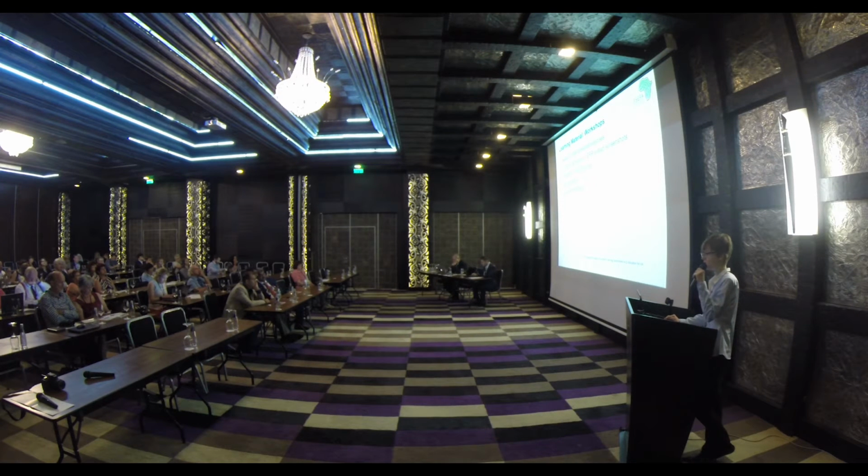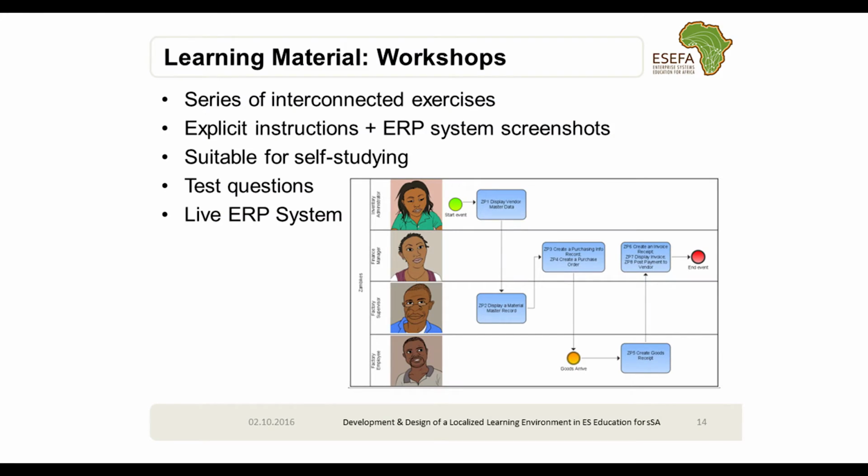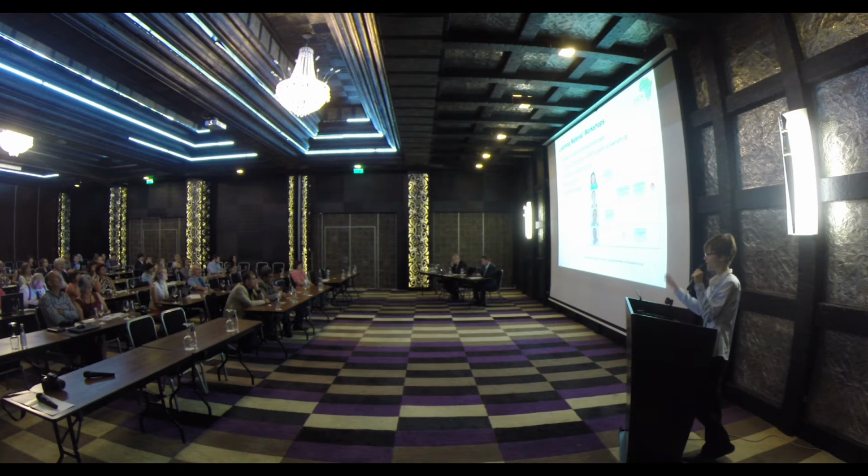And as I mentioned, they work in a live ERP system, so they get a hands-on experience on how the business processes are actually mapped in the system. And here you can see a basic overview of the business process that should be implemented. And as you can maybe see, it was probably a bit quick, the faces are recognizable from the SAM-Bikes video. So all of our material is interconnected.